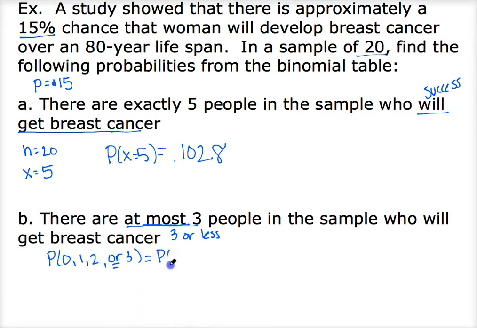So we're going to find the probability that x equals 0, plus the probability that x equals 1, plus the probability that x equals 2, plus the probability that x equals 3.